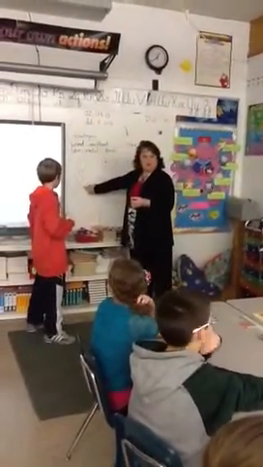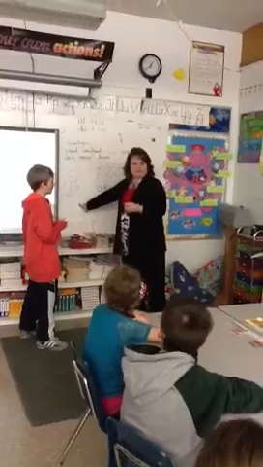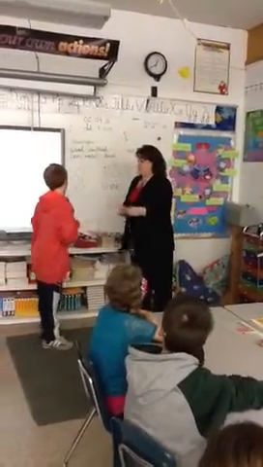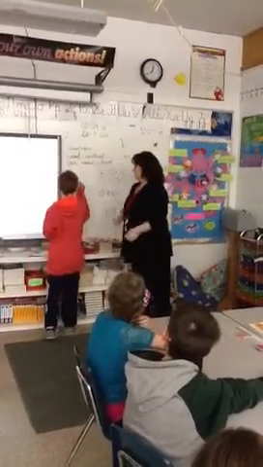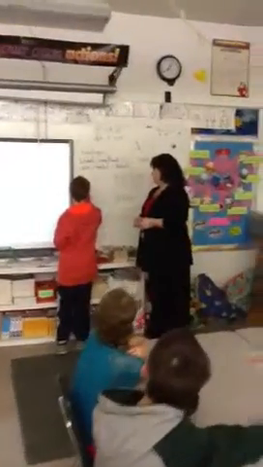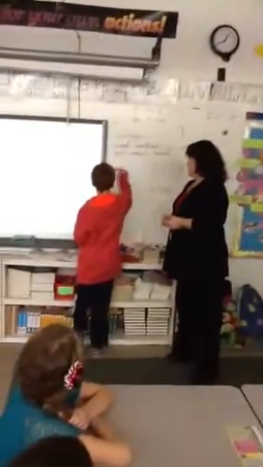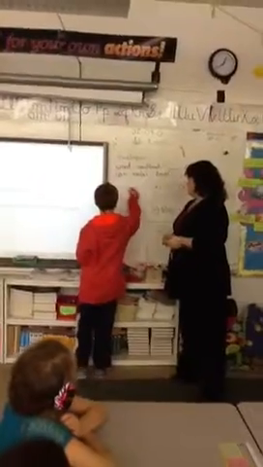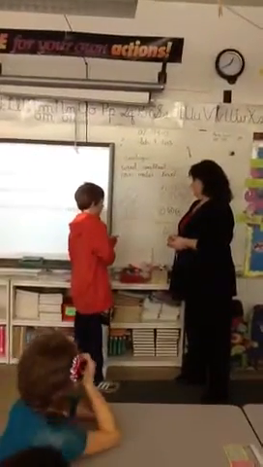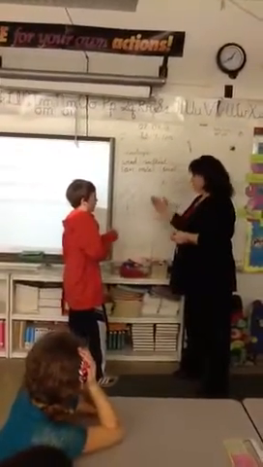Can we go on from here? What do we need to do? We need to go next door to the tens. Cross out the 6, make that a 5, add a 1 to the 3, and subtract 7 from 3. Go ahead.